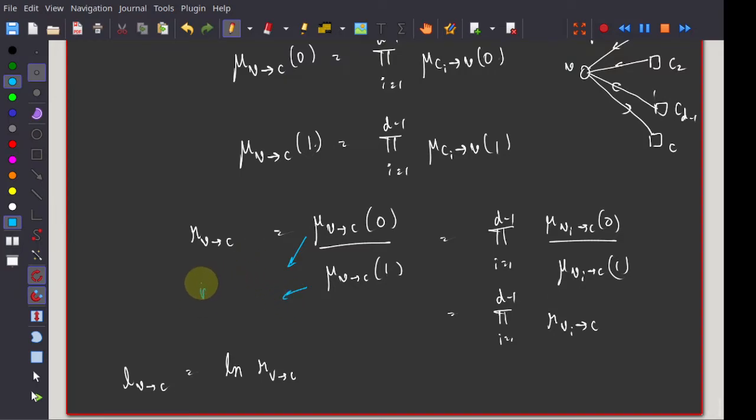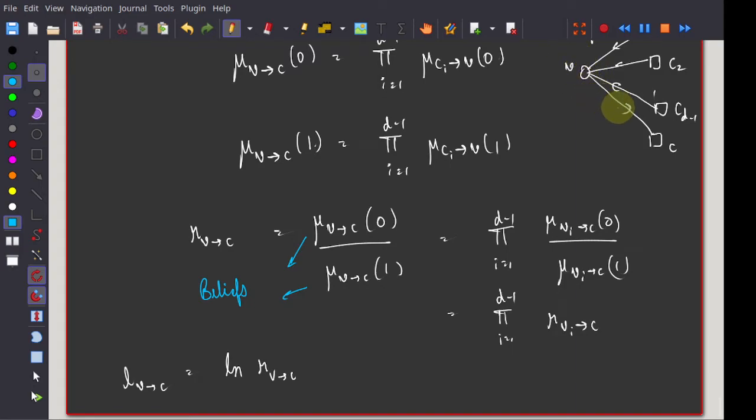Think of these as beliefs. But these are not just any beliefs. These are beliefs based on something. Remember that each message is obtained by taking inputs from all of its other neighbors. So each belief that it is transmitting from v to c is independent of what c thinks about v.